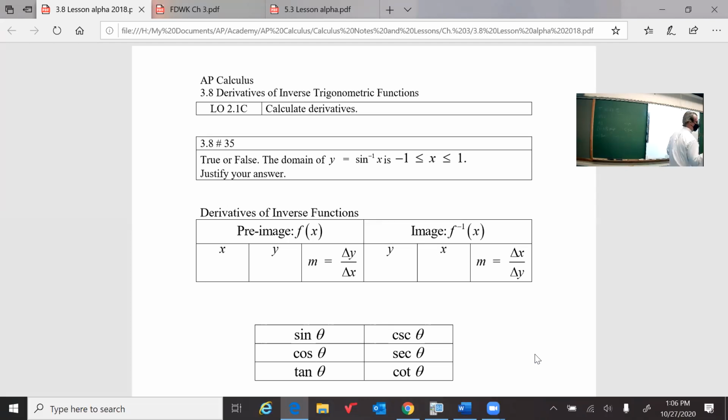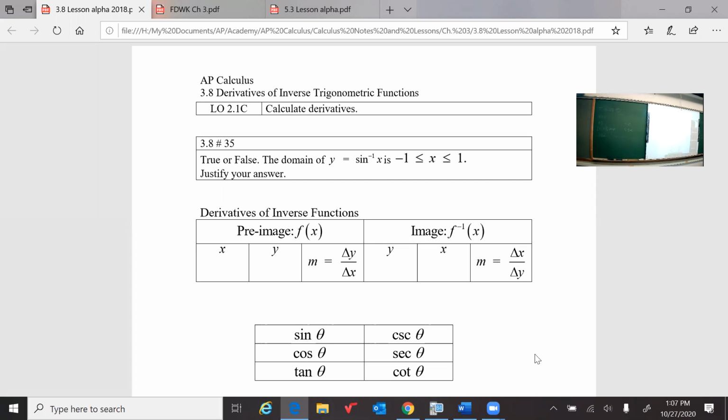So the one thing you have to be careful about: in the textbook, the heading of the section is derivatives of inverse trig functions. But College Board holds you accountable to more than that. College Board holds you accountable to derivatives of inverse functions, not just the inverse trig functions.